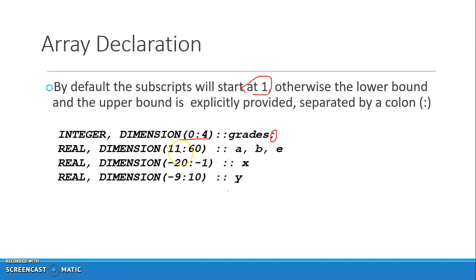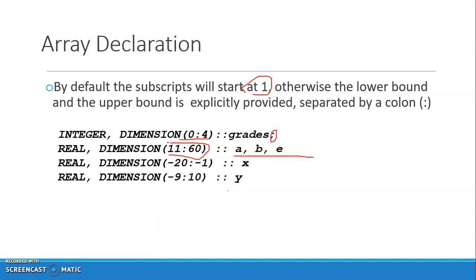Here's another one. If you want to start your indices from 11 to 60, then you can have that. We have declared 3 arrays, and all of them will have the indices from 11 up to 60. So these are arrays of 50 elements, placed on positions 11 up to 60.